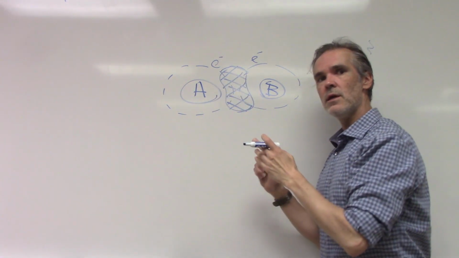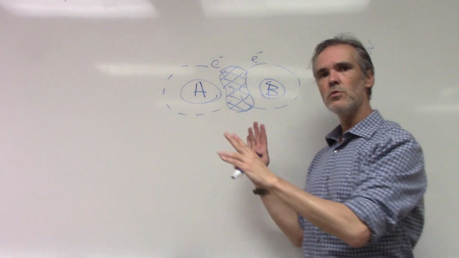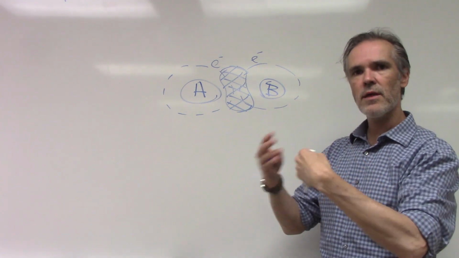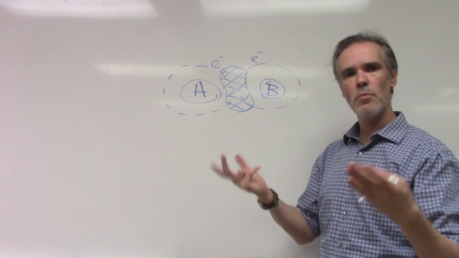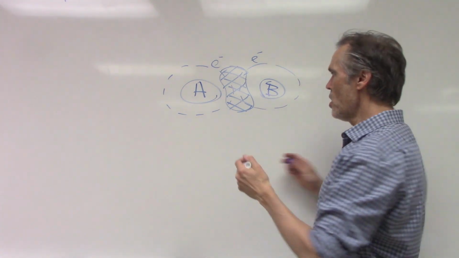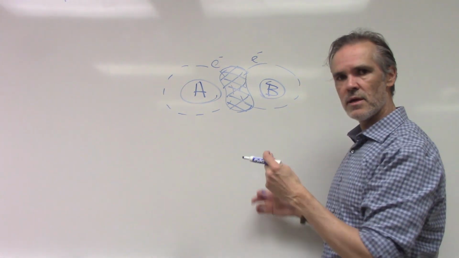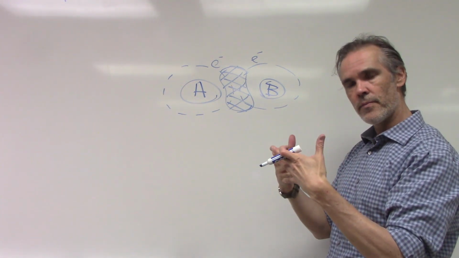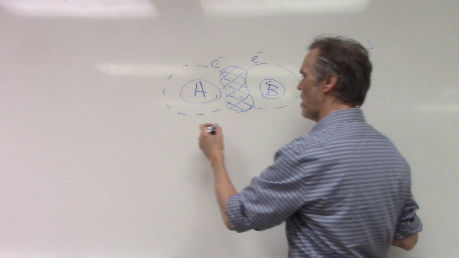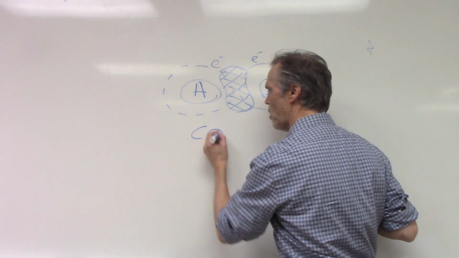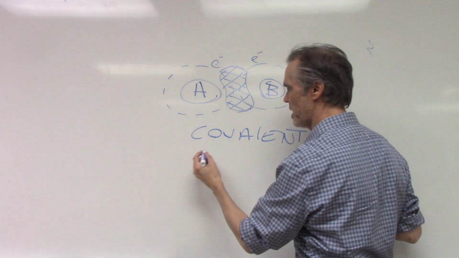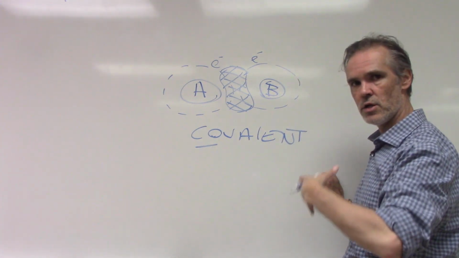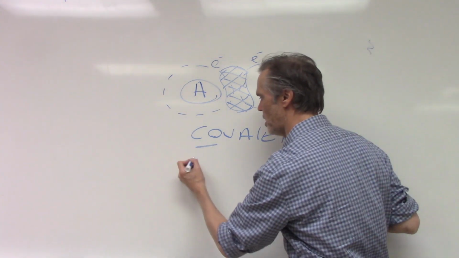So basically, what the 2 atoms are doing is that they're cooperating together in order to make their outer shell complete, or as complete as possible. So when 2 atoms like this are sharing the electrons, we say that is a covalent. Covalent, co as in collaboration, together, covalent bond.